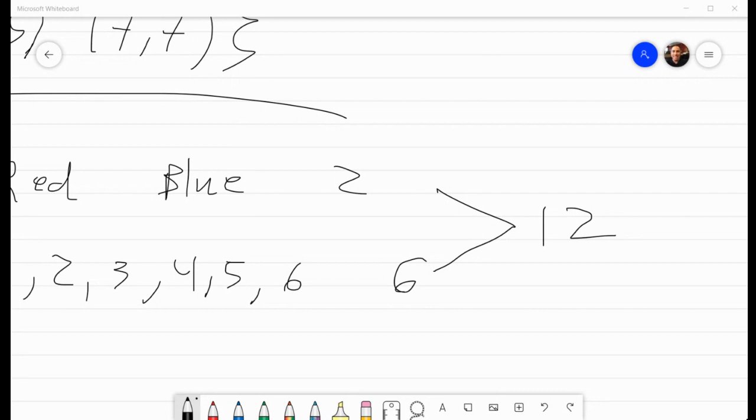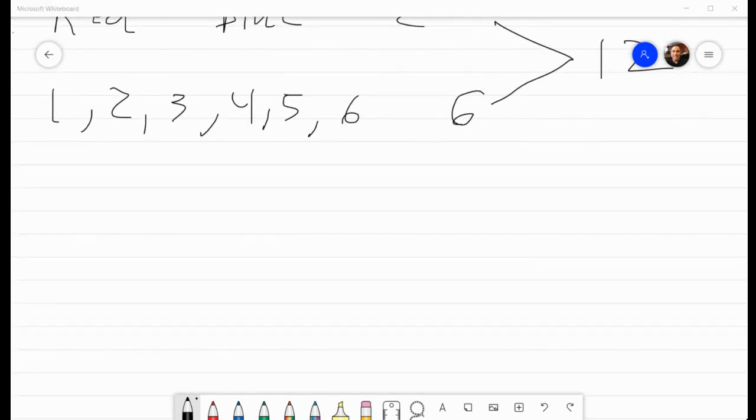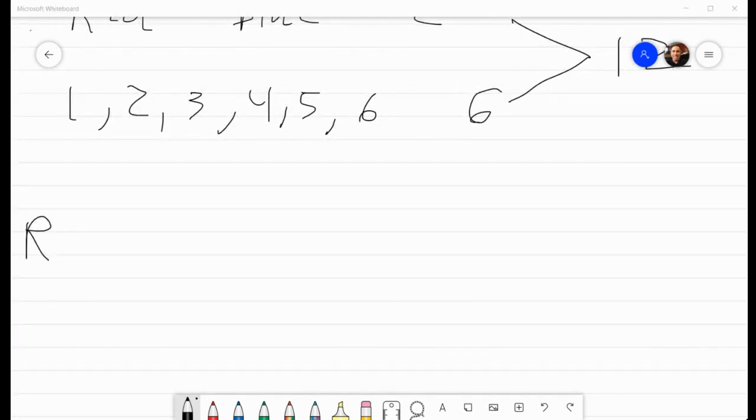Now, if we were to list them all, I guess I could try. I guess I could list some of them. Okay? Yeah, let me just move the screen up a bit. I'm not going too fast. Okay? Well, I'm going to use R for red. And I'm going to list one of the numbers, right? There we go.